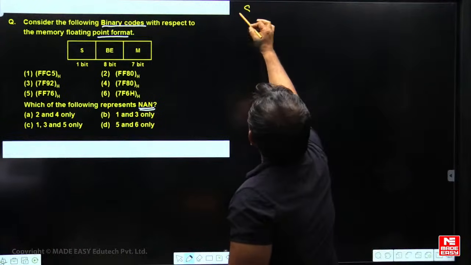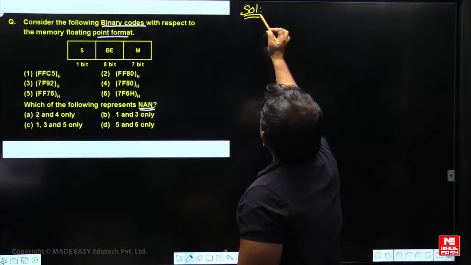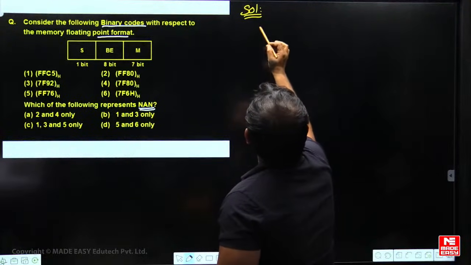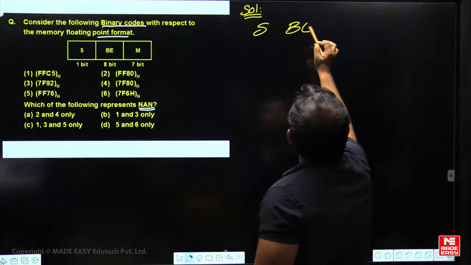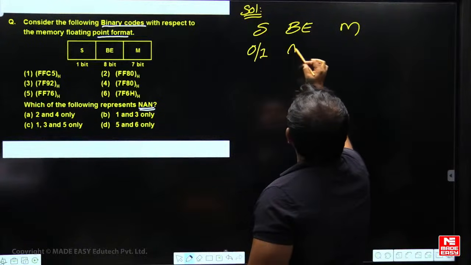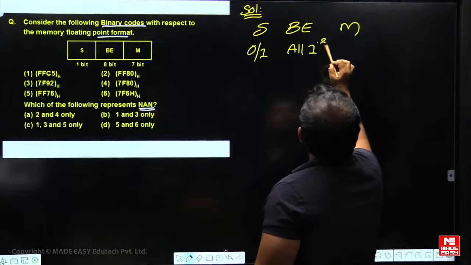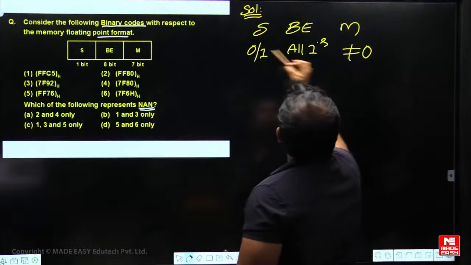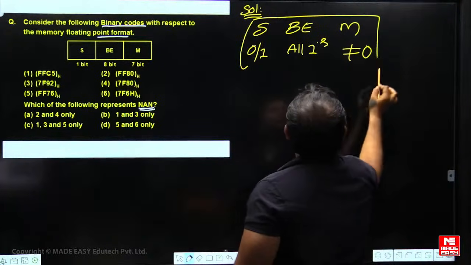The binary code for NaN, the fraction is not equal to 0. This is NaN.